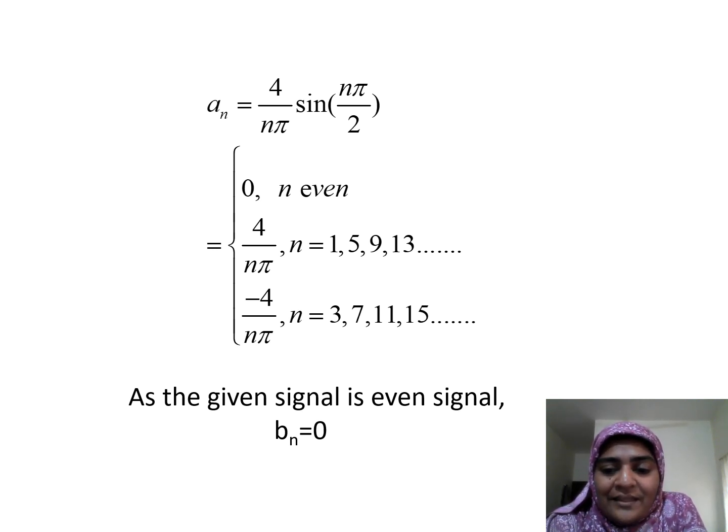And here this signal is an even signal, x of minus t equal to x of t. Therefore, all the Bn's will be 0, so no need to calculate. Even if you calculate, you will get the result as Bn equal to 0.